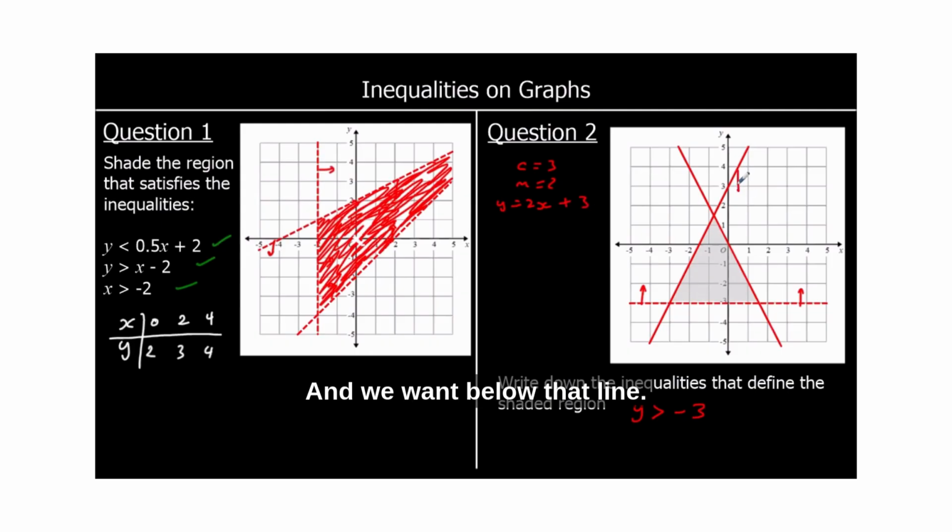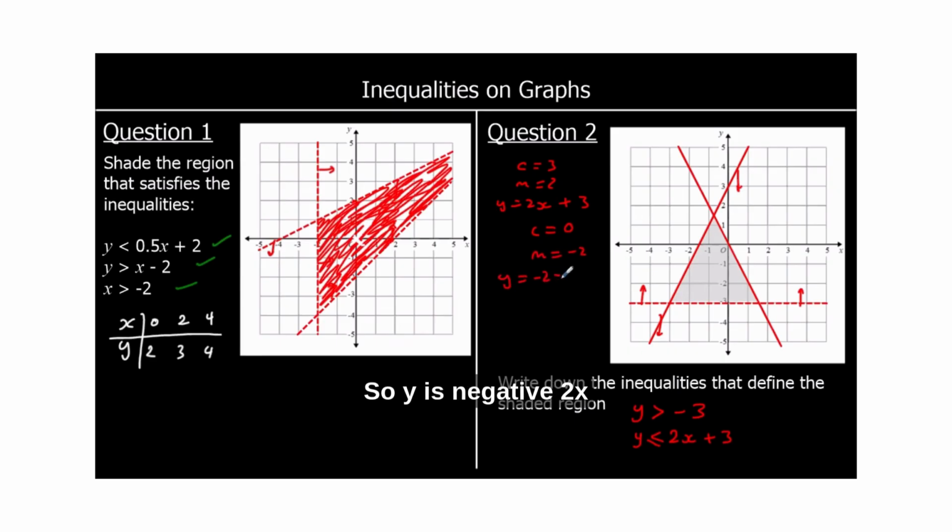And we want below that line, so y is less than, y is smaller. And it can equal it. And our other line has got a y-intercept of 0, and for every 1 it goes across, it goes down 2, a gradient of negative 2.